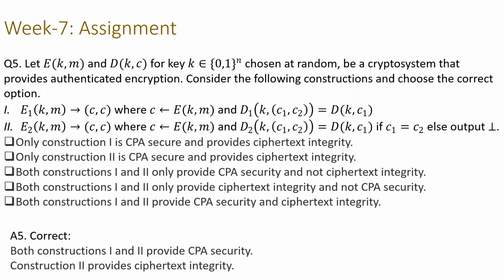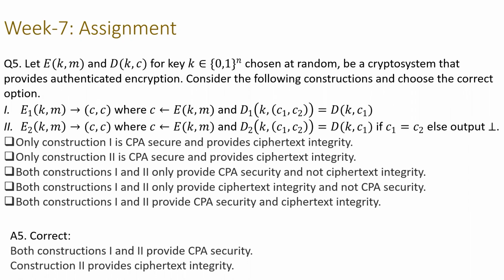Here we say that if the basic encryption scheme is CPA secure, then the modified encryption scheme is also CPA secure, because if it were not the case, if the modified scheme is not CPA secure, that means the adversary is able to distinguish between encryption of M0 and M1 by using the encryption oracle.